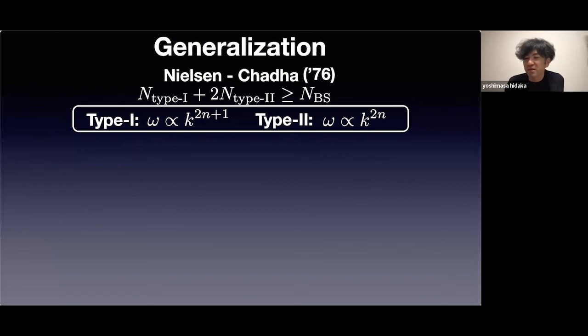So in general these are different, but in ordinary systems in nature, type A energy modes correspond to type 1, and type B energy modes correspond to type 2.